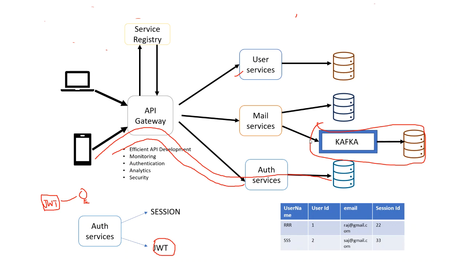The producer and consumer look into the database, and based on some matching, they put the email into a particular folder. So I would have Kafka there with the producer and consumer, and then I'll keep all the spam emails in one particular database.